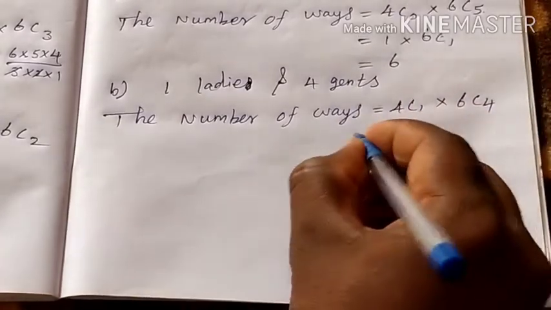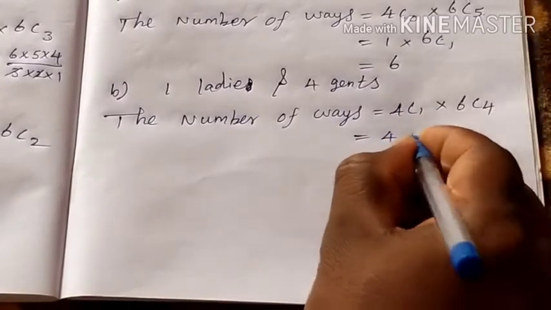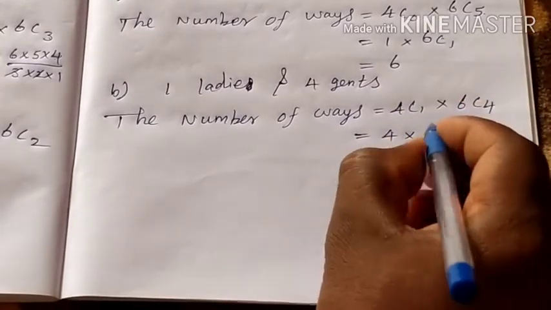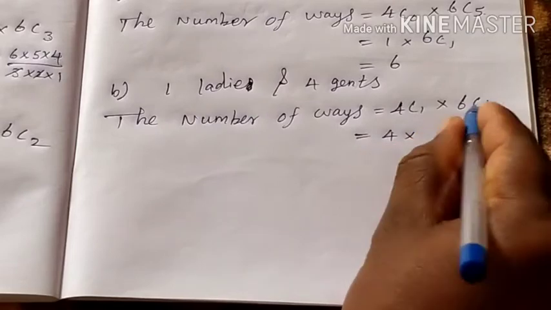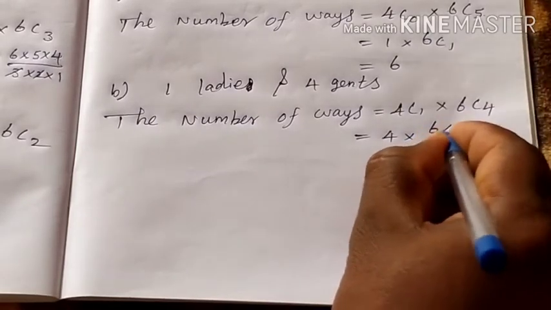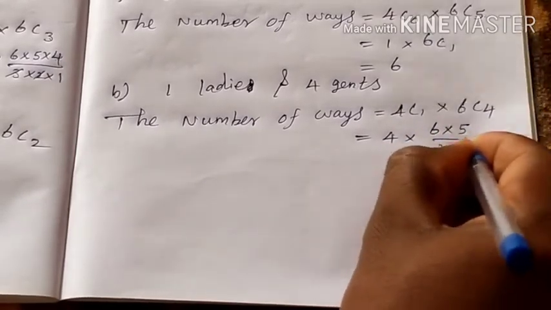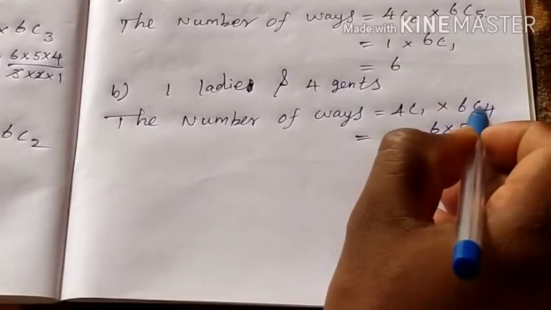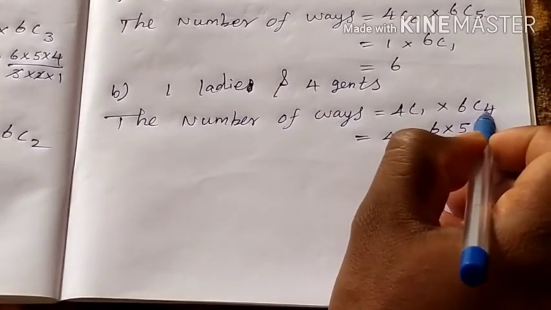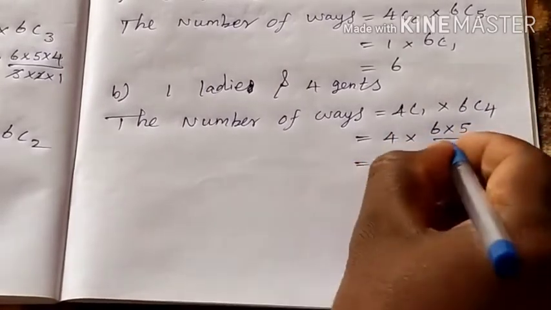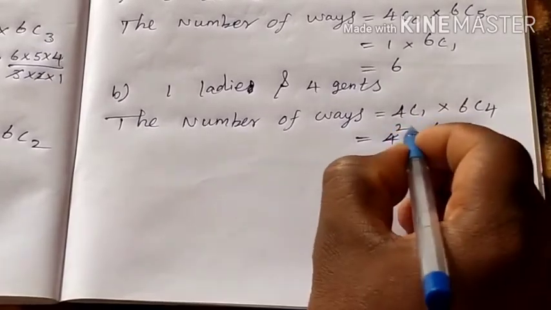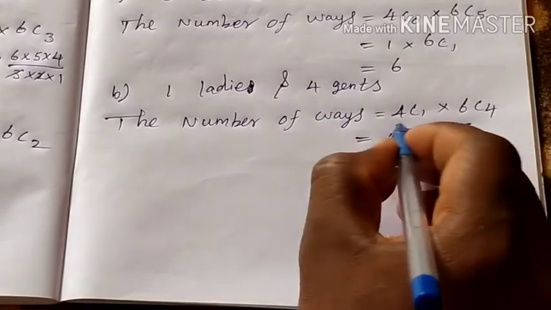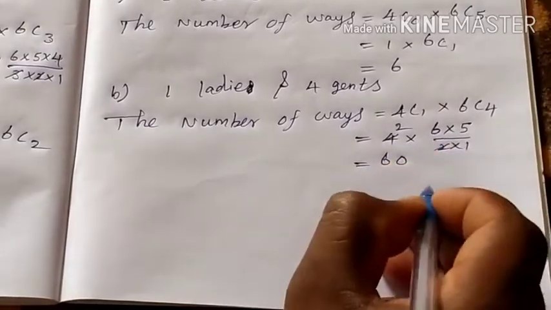The 4C1 value is 4, into 6C4, which can be written 6C2. So 6 into 5 divided by 2 into 1. This is equal to 6C2 because 6 minus 4 is 2. This is equal to 1 2s are 2, 2 2s are 4. Then 6 5s are 30, 30 2s are 60.